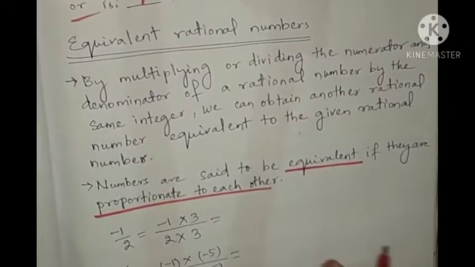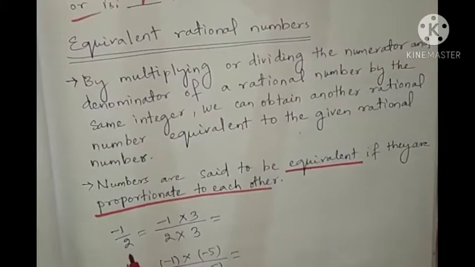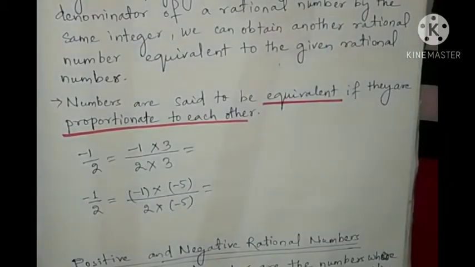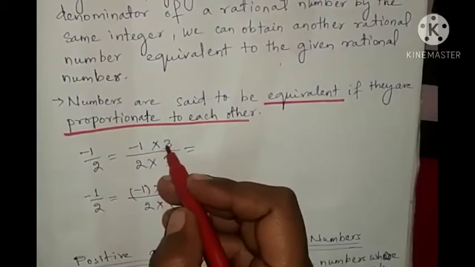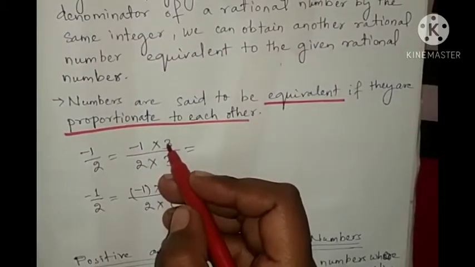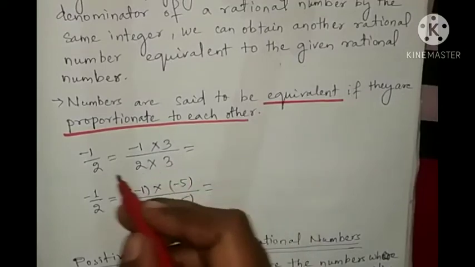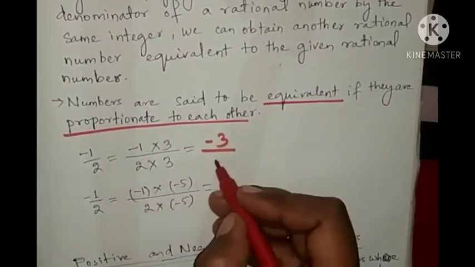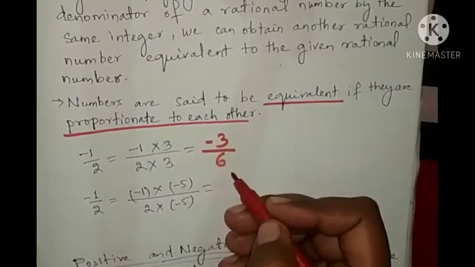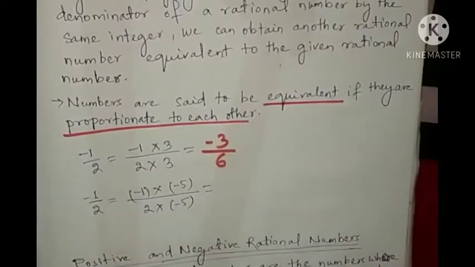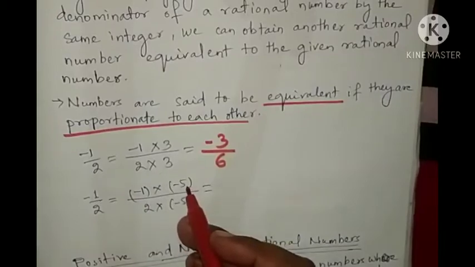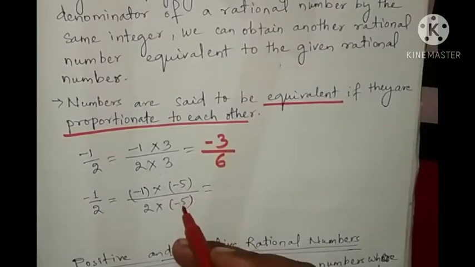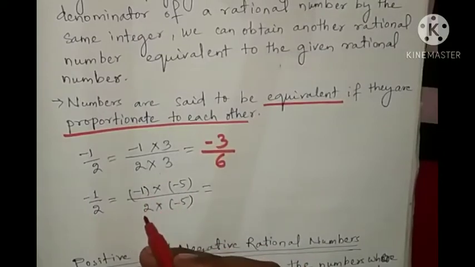Let's find out. Here it is given minus 1 by 2. So what I have done? I have multiplied 3 by the numerator and 3 by the denominator. So minus 1 into 3 equals minus 3, and 2 into 3 equals 6. The same thing for minus 1 by 2: I have multiplied by a negative integer, minus 5, to both the numerator and denominator.